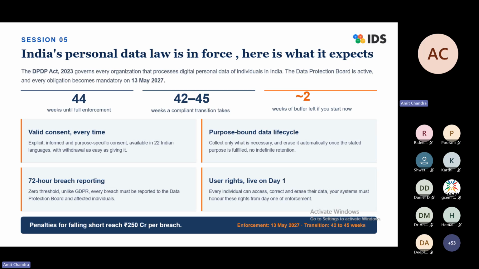Once the person has given the consent, after a certain duration of time, if he or she wants to remove the consent, then he will be able to do that. So there will be a provision where if he says that I don't want my data to be kept with the university, then you will be able to remove those data as an organization.